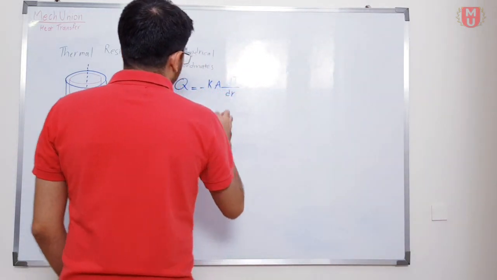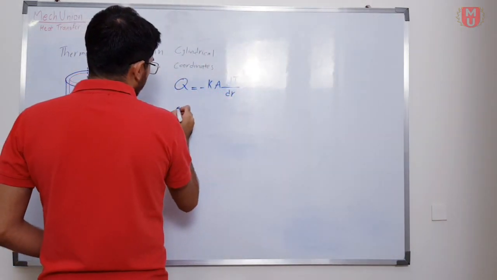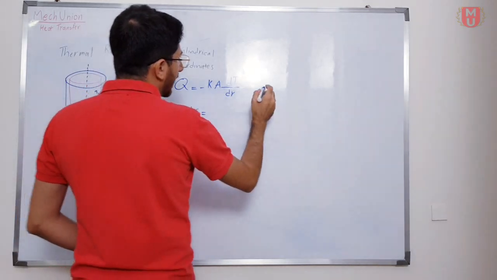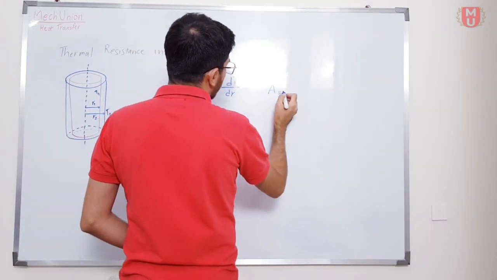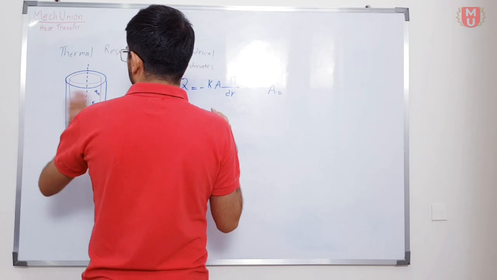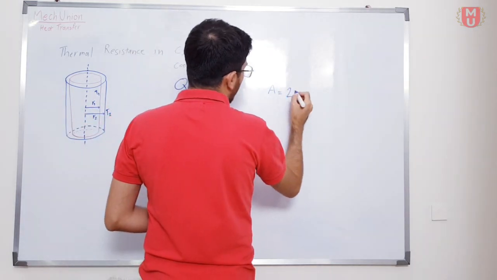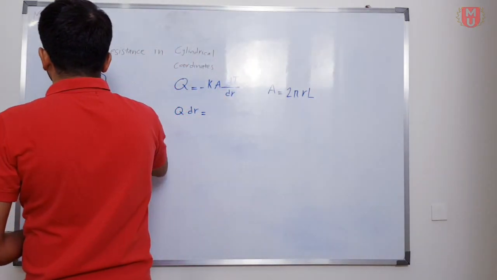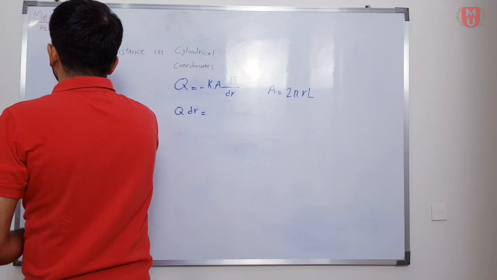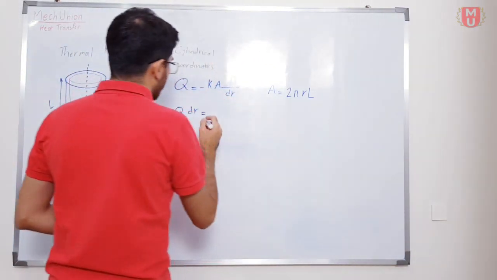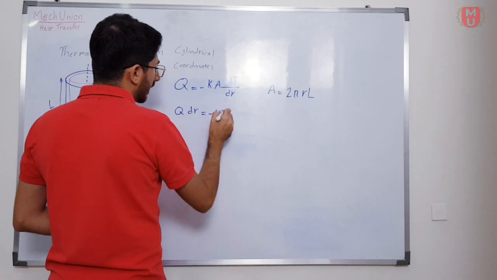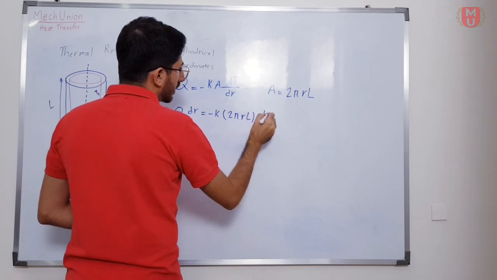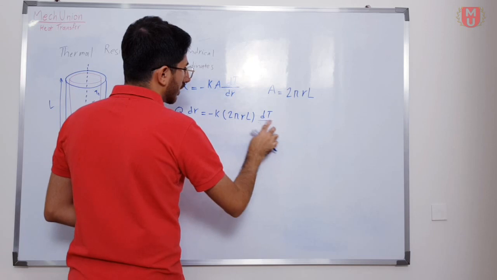Okay, I move it here, Q dr. A, the surface of the side surrounding, is 2 pi r L, where L is the height of our cylinder. By substituting, we'll have k 2 pi r L dT over dr.